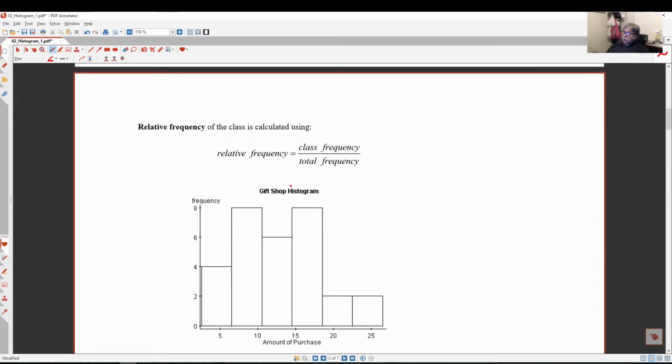So this is the formula for relative frequency. Class frequency divided by the total frequency of the sample, which is also called sample size. So total frequency is very often referred to under the name of sample size. By the same token, you can also call class frequency class size.